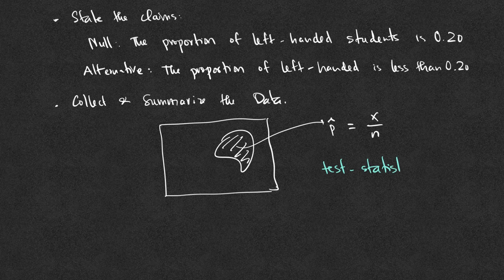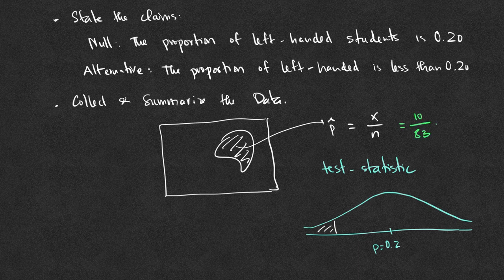And to summarize this, we compute what we call the test statistic. We rely on the sampling distribution when we carry out the test, so we assume normality. In the middle is the assumed value of the proportion of the population, 0.2. Assuming that we ask 83 students in this sample, and also assume that 10 of those students answer yes, they are left-handed, then the proportion of the sample is 10 over 83, or 0.12 rounded to 2 decimal places.